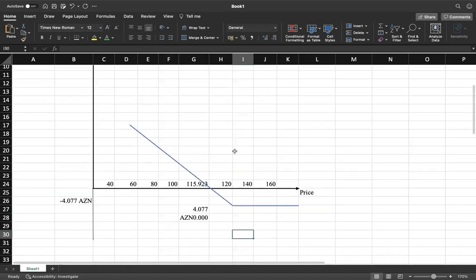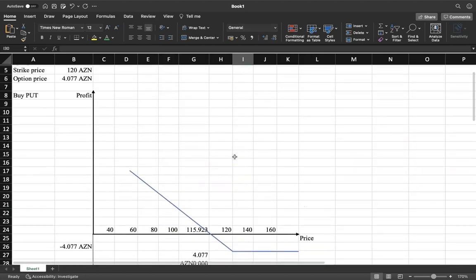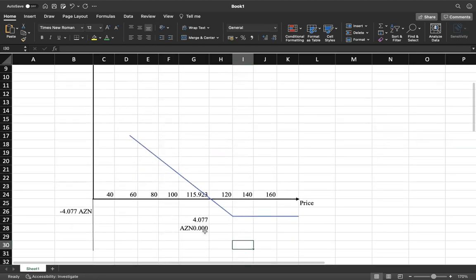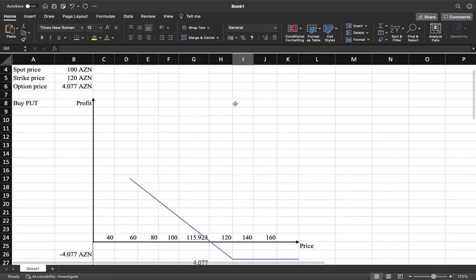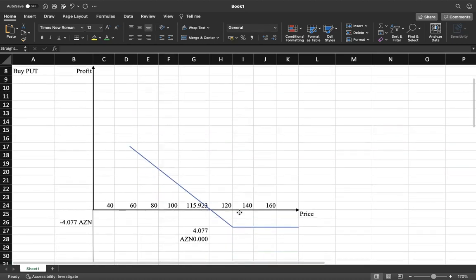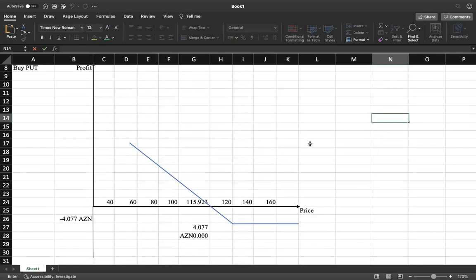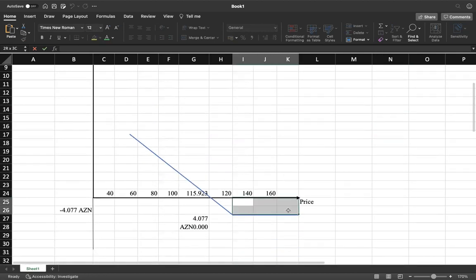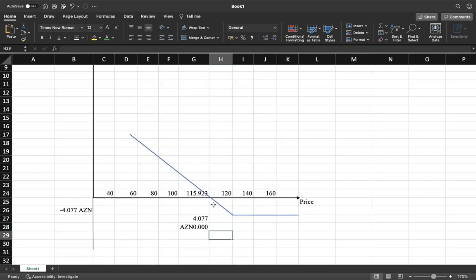So our graph is ready. Buy put graph. In this field, let me take all this cell and merge.